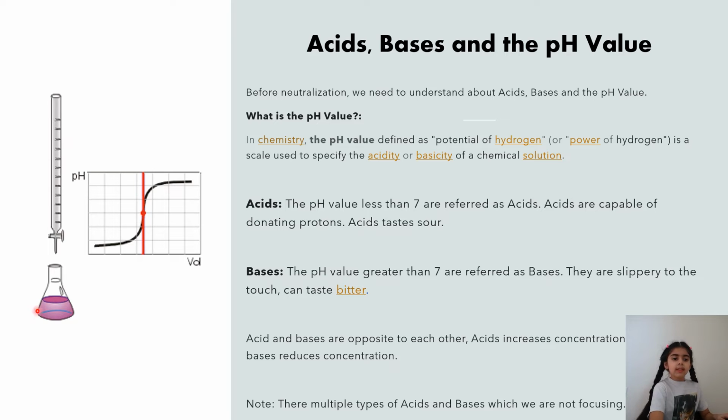We'll imagine this container was a base and then few drops of acid are going into the base, and the base changes its color and the pH value is increasing. So you saw that black mark is going up.